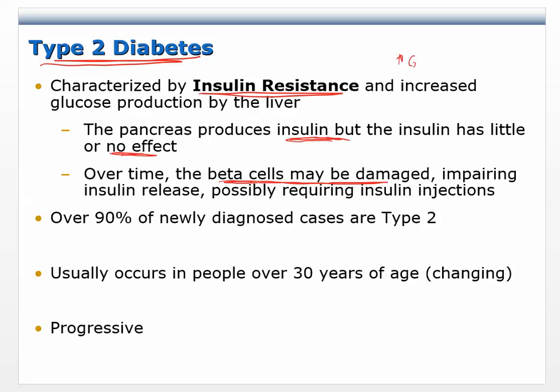Okay? And that will impair insulin release, and sometimes will require insulin injections. So even though you have insulin resistance, then that can be a real contributing factor.